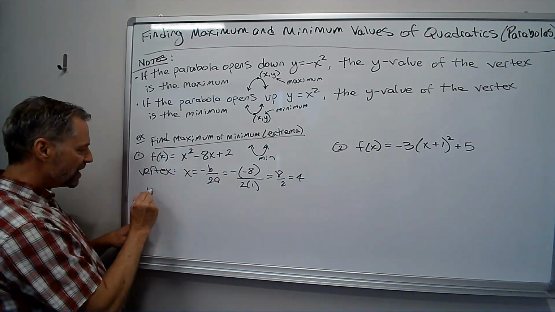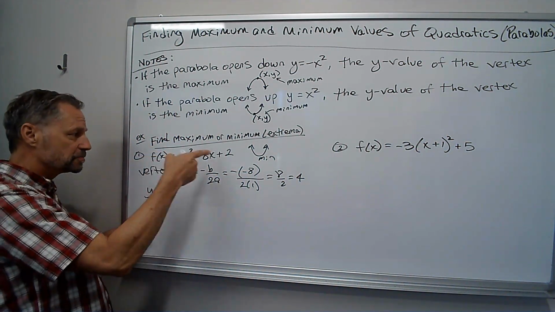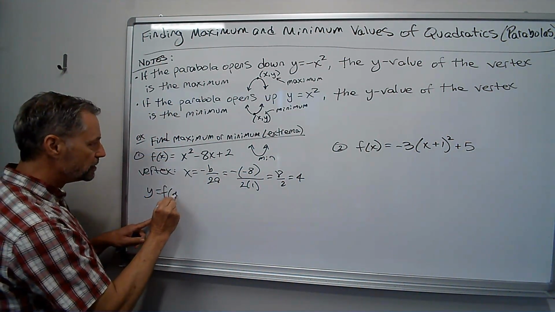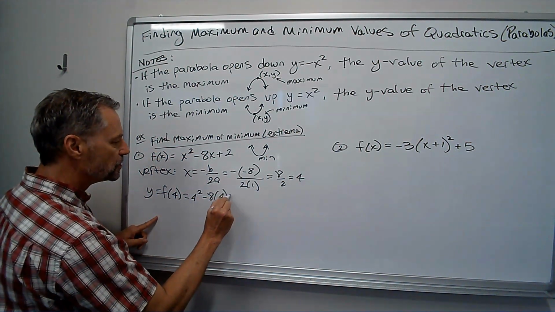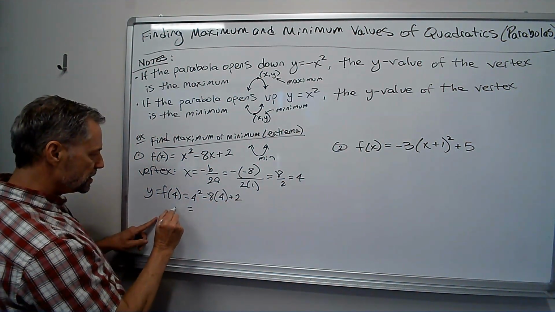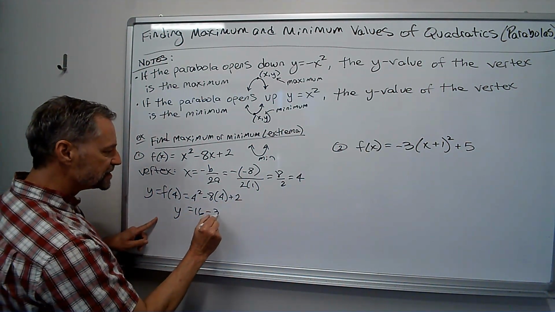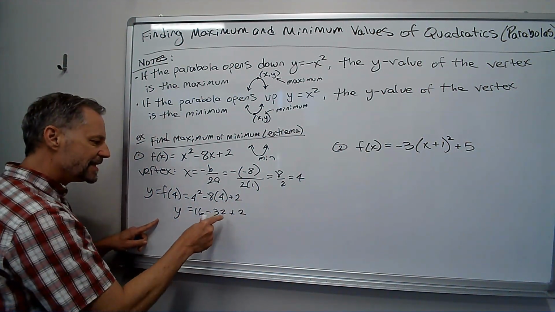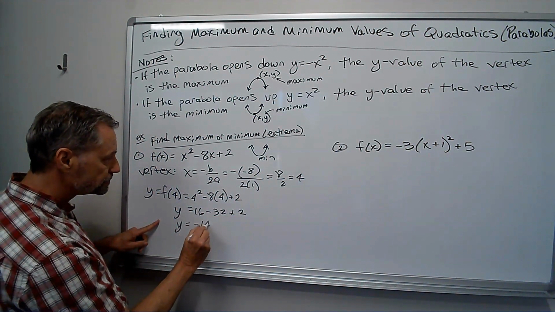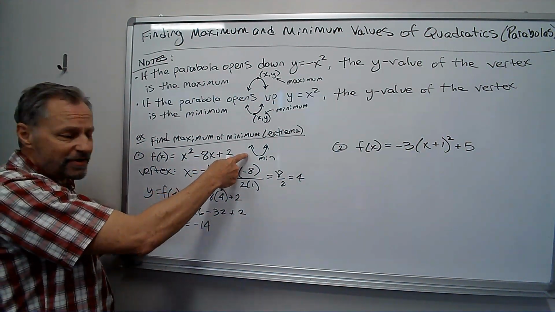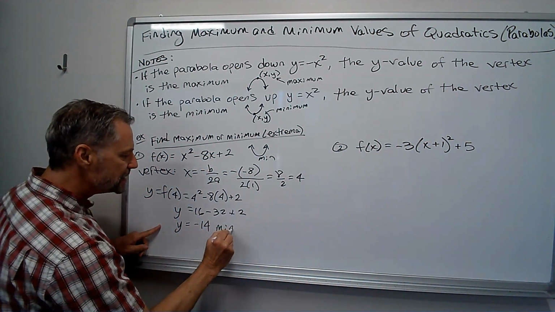The y value, we just plug in the 4 for x. It's f of 4. So it's 4 squared minus 8 times 4 plus 2. Let's see, y is 16 minus 32 plus 2. That's negative 16 plus 2, negative 14. That was the minimum value. So that is my minimum.